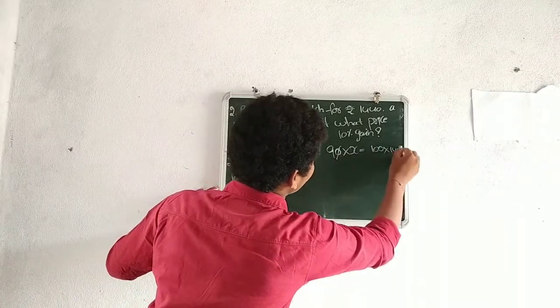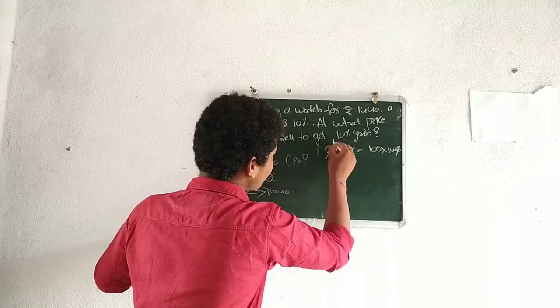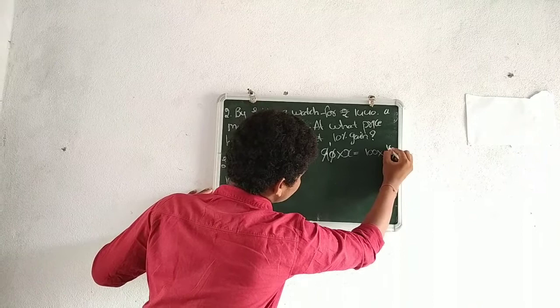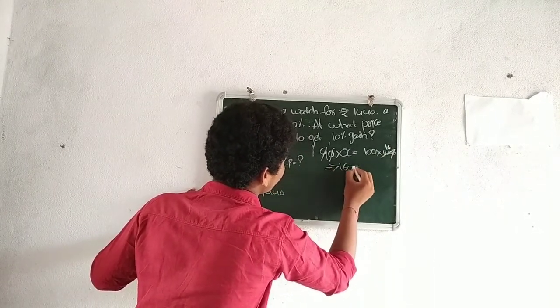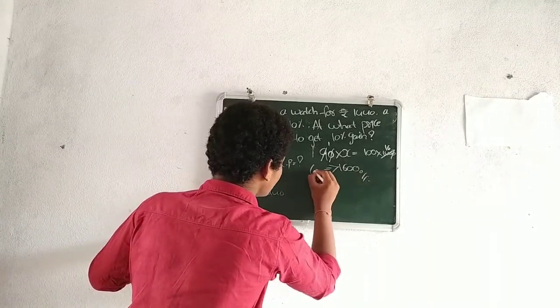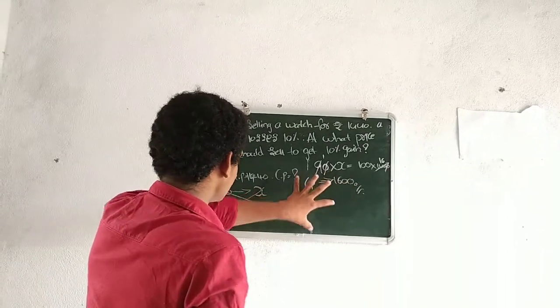Simply 10 tens, 9 ones are 9, 9 sixteens are 144. We got 1600. Okay, half of the problem is completed. We got the cost price. The cost price is 1600.